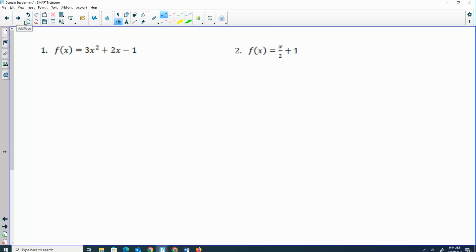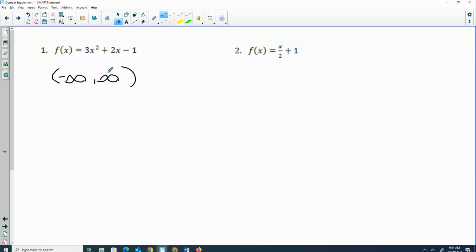So if I look at this, I'm just checking if it violates any of my rules. If I look at number 1, do we have a fraction? No. Do we have a square root? No. So what is the domain of this? X can be any number you want.